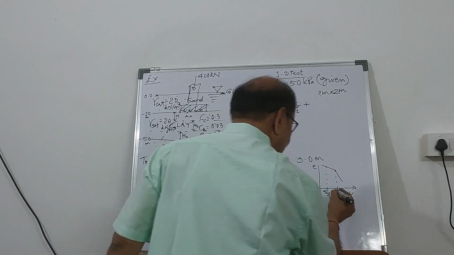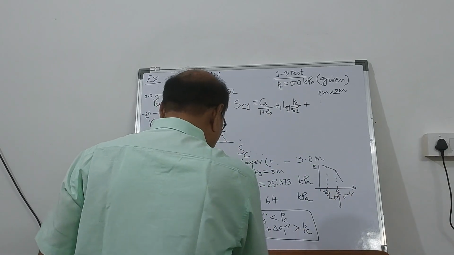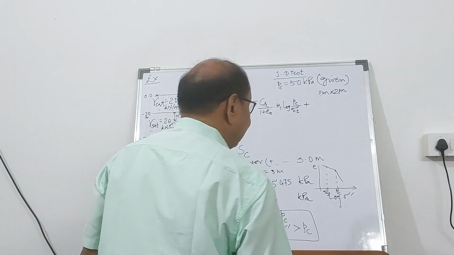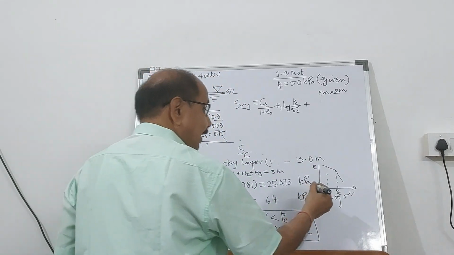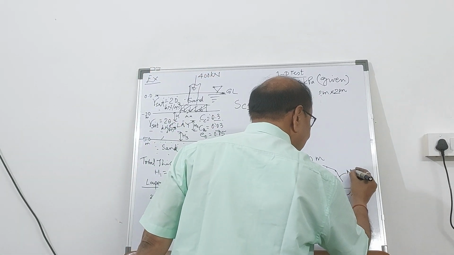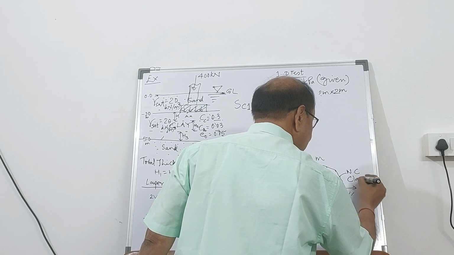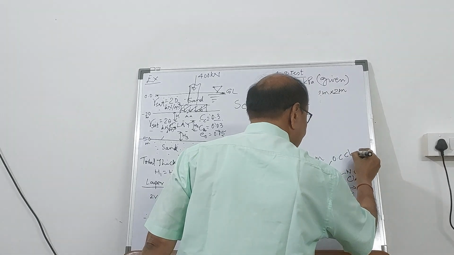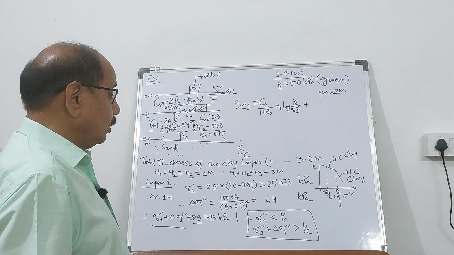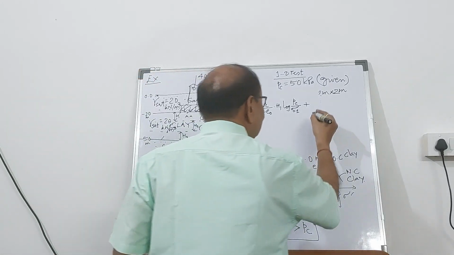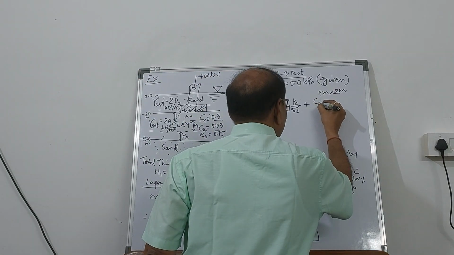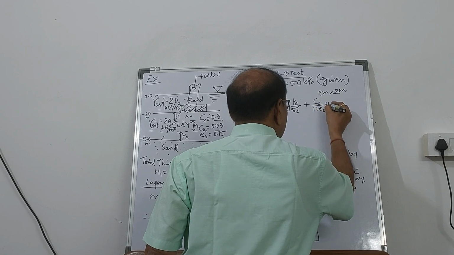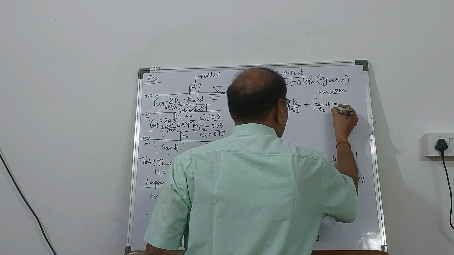For the remaining part from 50 up to 89.475 kilopascal, it is going to behave like normally consolidated clay. So this is going to behave like NC clay, and this is going to behave like OC clay. So now for normally consolidated clay, it is going to be compression index Cc divided by 1 plus E naught into H1 into log of.